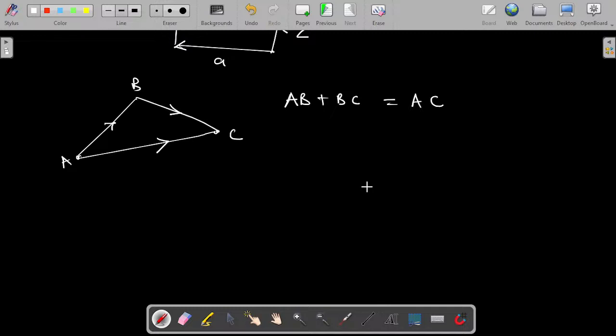And if you understood what I just said, I'm going to use it to give you a general definition for addition of vectors of this form. So if you have something like AB plus BC plus CD, now watch it.